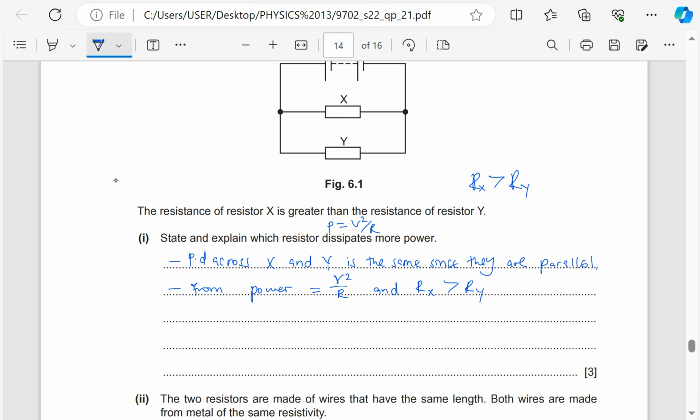So since Y has a smaller resistance, I'll tell the examiner that Y dissipates more power. This part here is very important. Y dissipates more power because power is V squared over R.